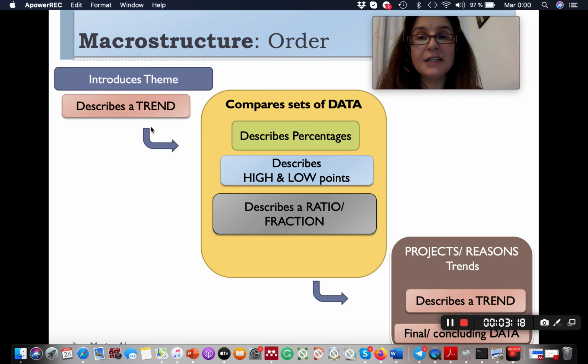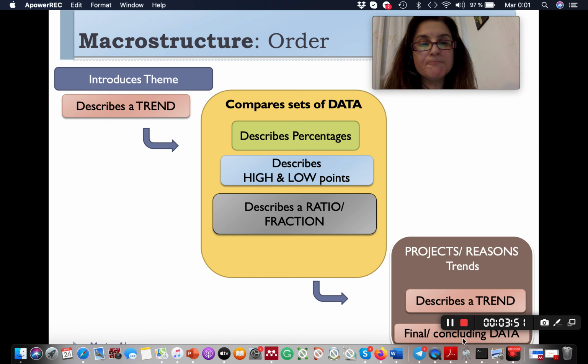Then this trend is explained by describing different numbers or percentages, by comparing the sets of data, by describing these low and high points in the different parts of the graph, and describing the numbers, ratio, fraction, whatever it is. So really the expansion of this topic goes into the detailing of the different numbers and the meaning they have.